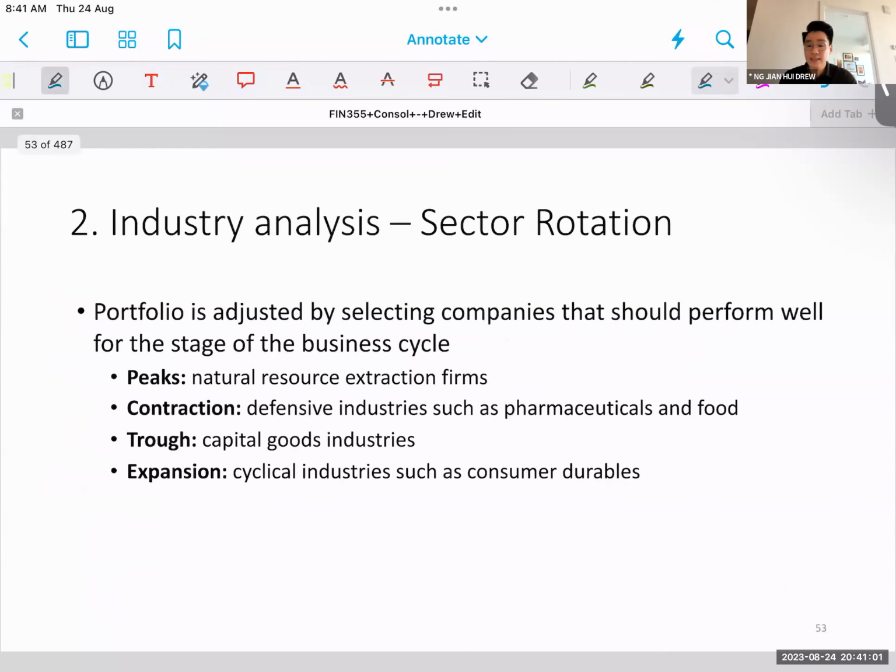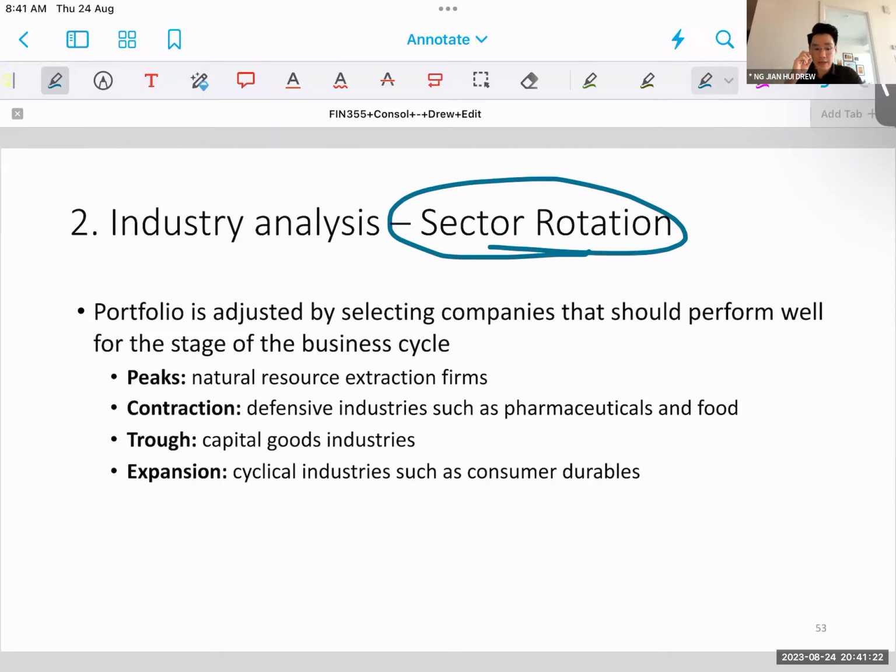Okay, so there's this thing called sector rotation. The idea of sector rotation comes more from a portfolio perspective. When we value single companies, it tends not to be very important, because you don't really have to rotate when you're only choosing one company.